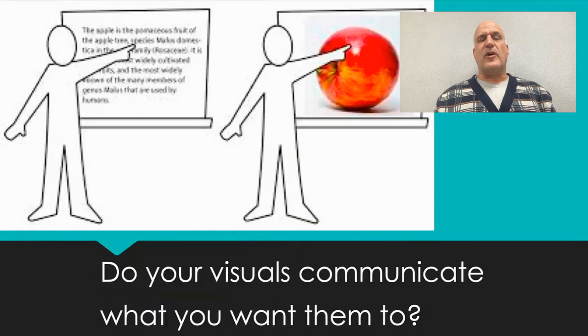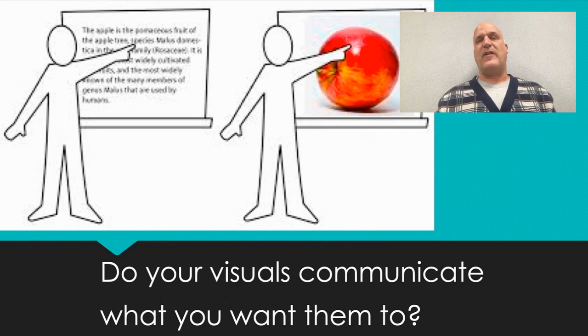The idea we're going to be talking about today is: do your visuals communicate what you intend them to? So you can see in this picture, we have someone giving a presentation and they're just pointing at words, the very words that they're speaking. Would it be more effective if instead of talking about the apple in text, they actually showed a picture of an apple?